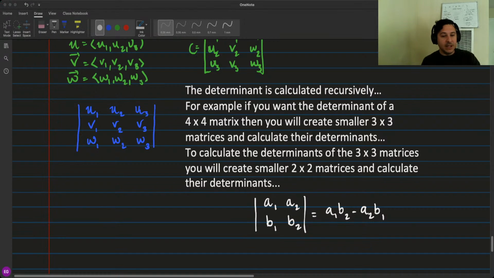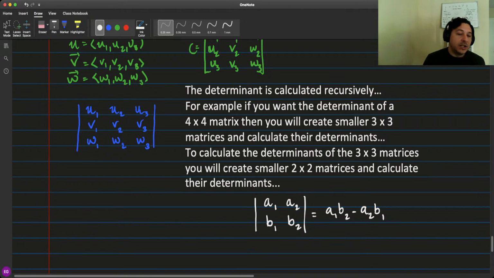And where have we seen this before? You remember how it alternates, like A1, B2, A2, B1? So calculating the determinant of a 2x2 matrix is done this way.